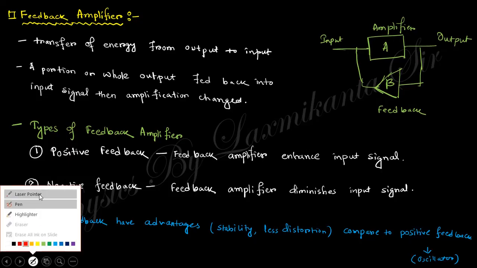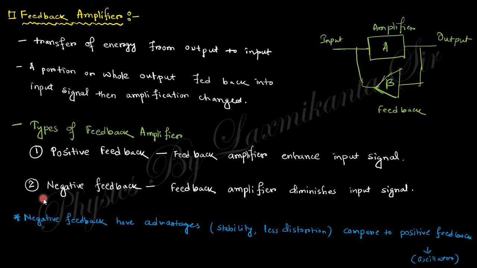So let's look at the feedback amplifier. What do you mean by feedback amplifier? If this is an amplifier, and you give some input, you will get some amplified output, right? So if this output is fed back into the input, then what happens? The input will be increased and the corresponding output also increases.